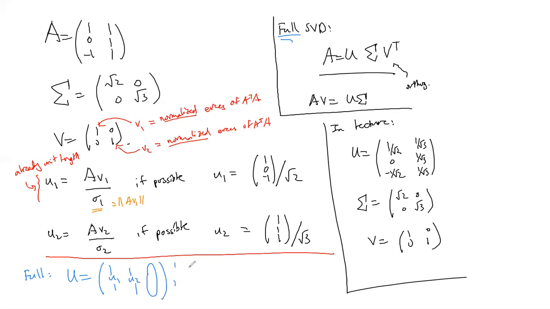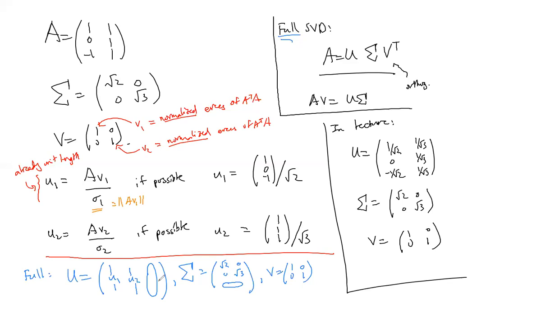Sigma, since it's being multiplied by U, has to have an extra row. And V stays the same in this case. So that's like algebraically the difference, besides the size of the matrix.